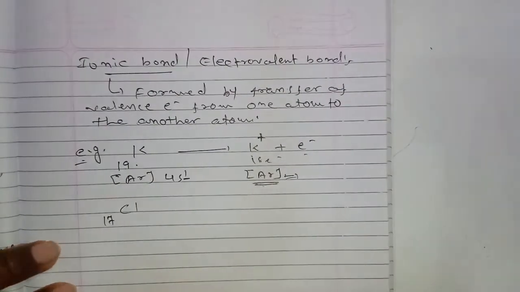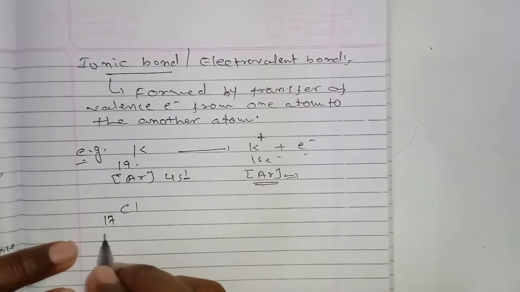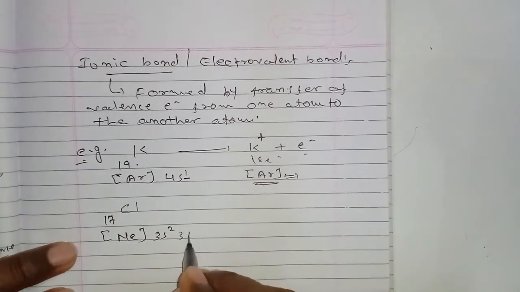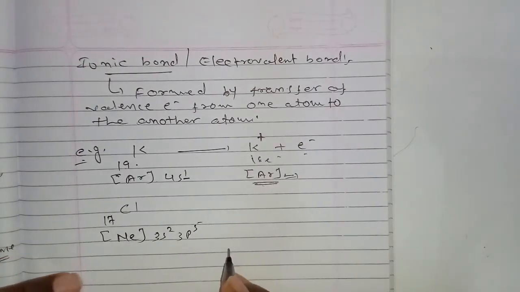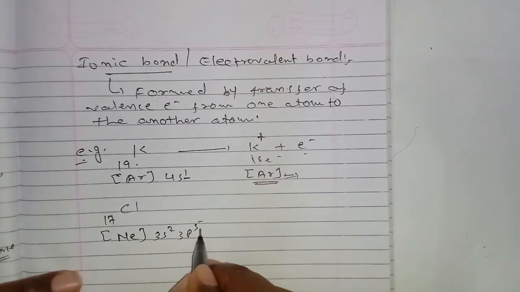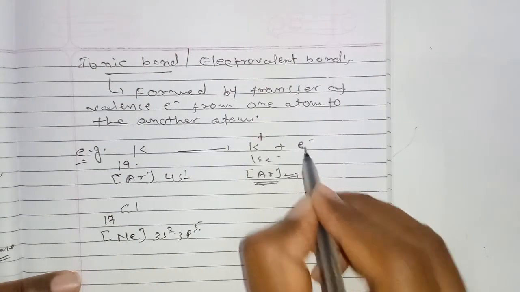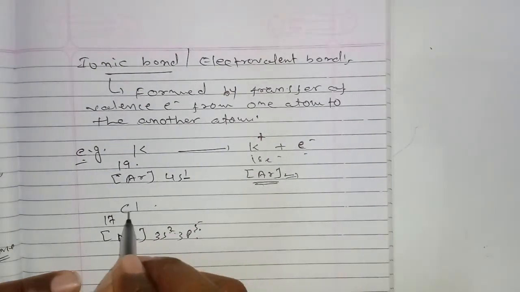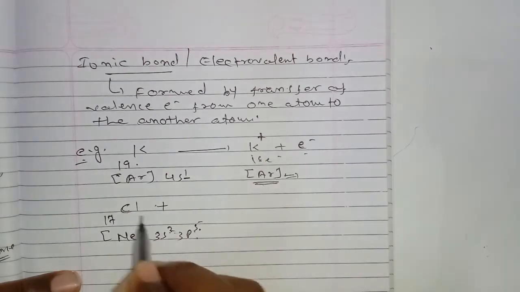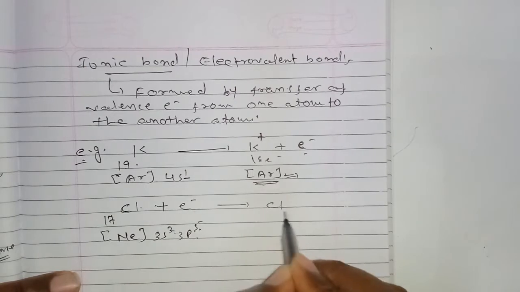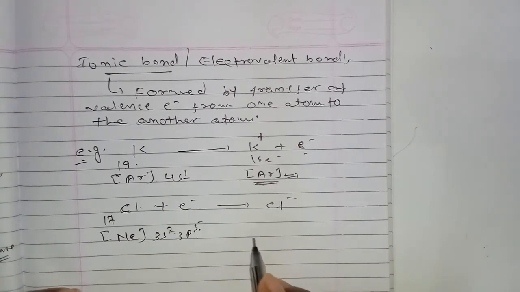Chlorine, its atomic number is 17, electronic configuration neon 3s2 3p5. Here 2 plus 5, 7 electrons. To complete the octet, it requires one electron, and this electron is transferred to the chlorine atom. While chlorine gains one electron, it is converted to the chloride ion.